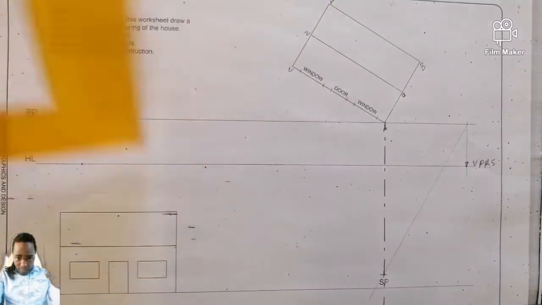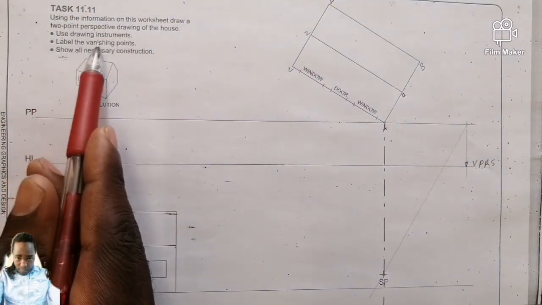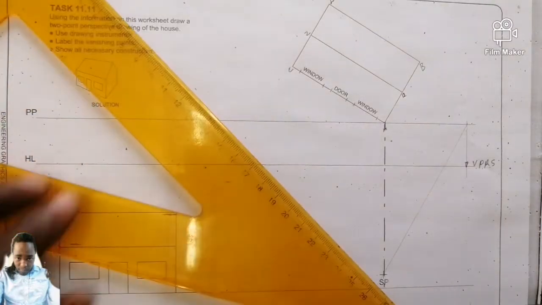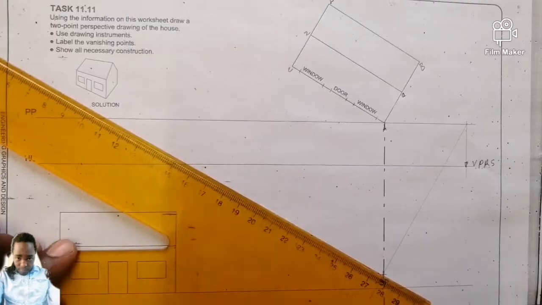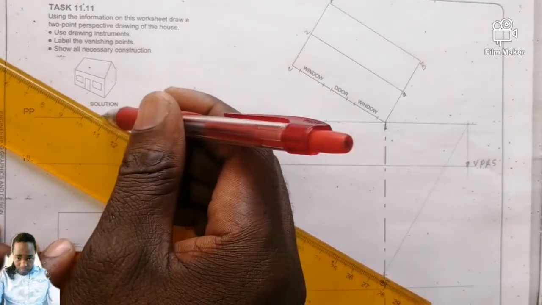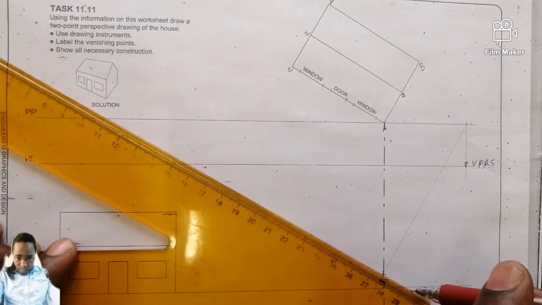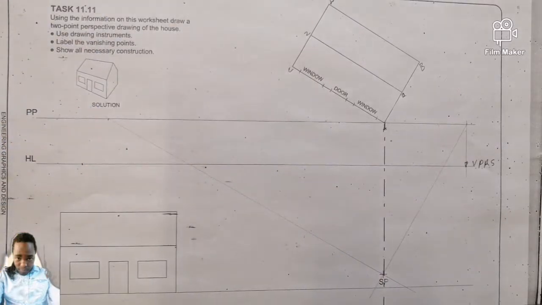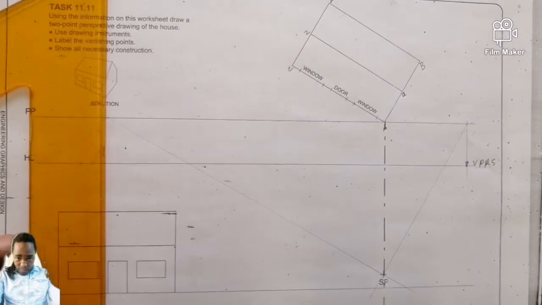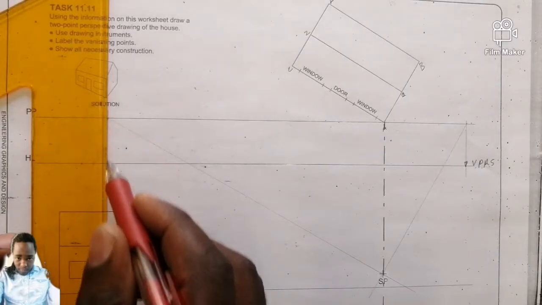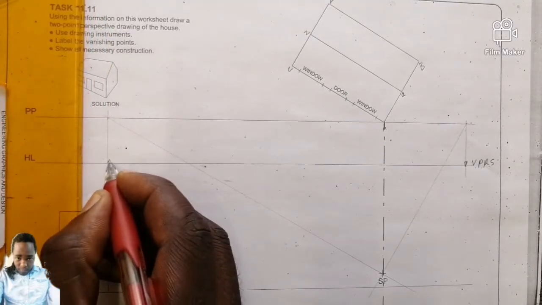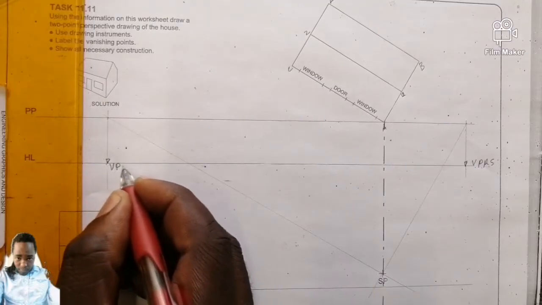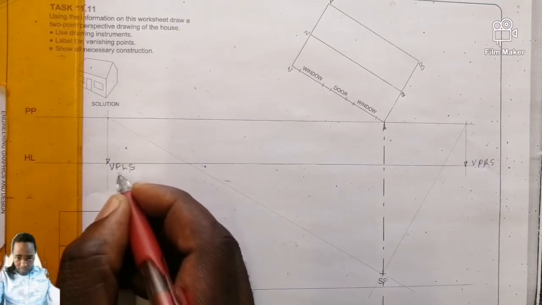That is what they mean by labelling the vanishing points. This side again, once it touches your picture plane, it becomes vertically down. Indicate by an arrow, this is the vanishing point of your left hand side.